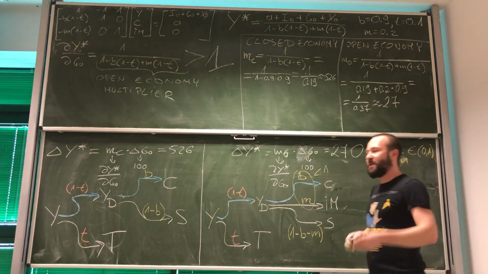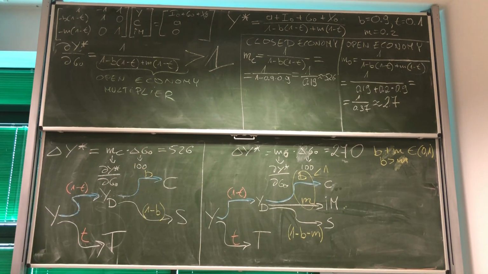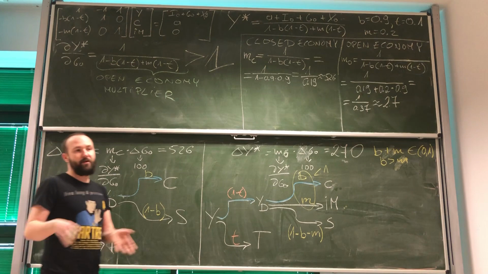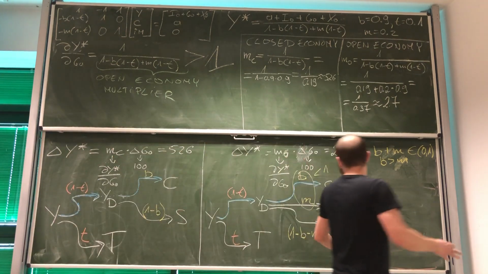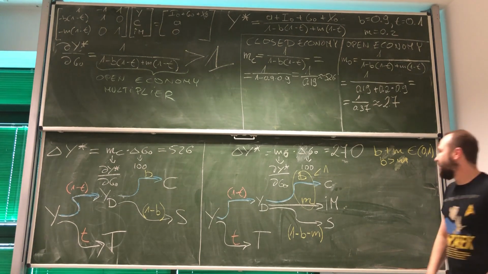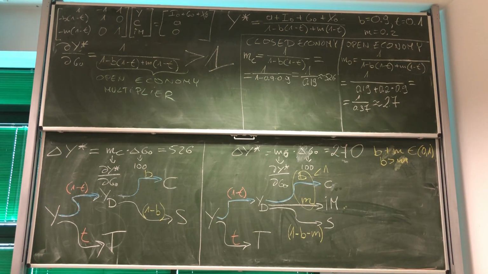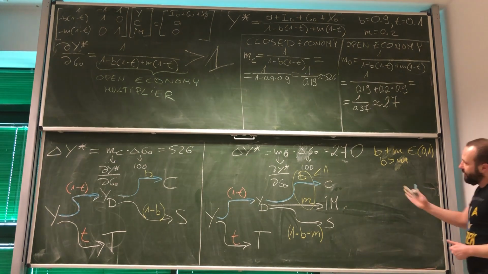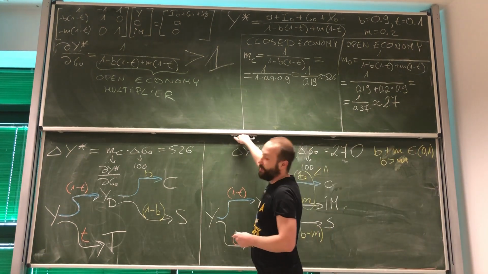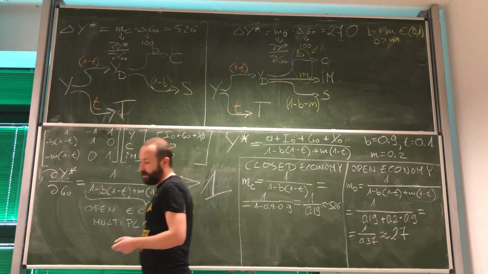Now, you spend part of it on domestic goods and part of it on foreign goods. So there are fewer opportunities for people from your own country to make money. And this is why the multiplier in the open economy is simply lower than in the closed economy.